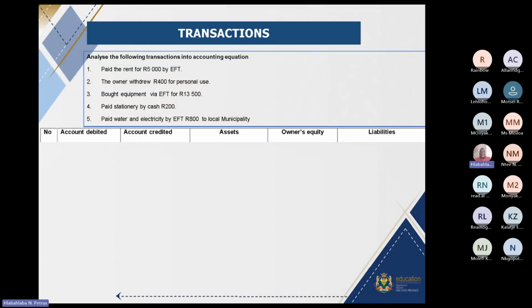Because now we are doing the CPJ, we are dealing with the payments. When we deal with payments, just know that the account that is always affected first is bank.